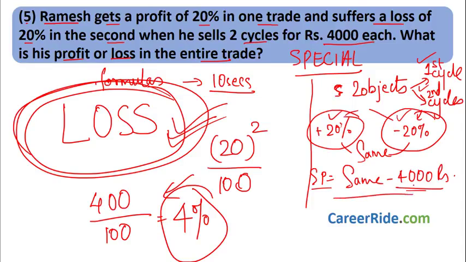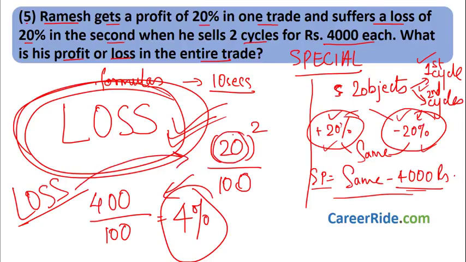Whenever the selling price is same for two transactions, and in one transaction the person gets 20% profit and in the other the person gets 20% loss, that means the percentages of profit and loss are same, then the person will always suffer a loss, and the loss percentage is given by, take the percentage value, do not say plus or minus anything, square it and divide by 100.